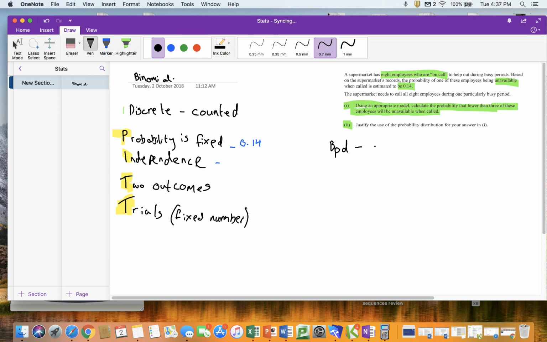So it's an exact value. What I mean by that is, if in the question it said, what's the probability that exactly 3 people were available, I would use a BPD.